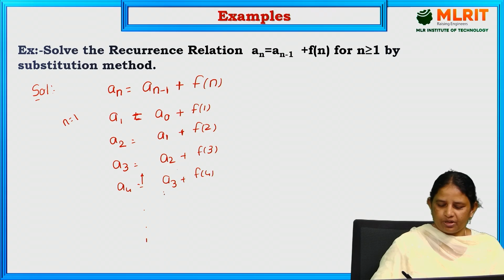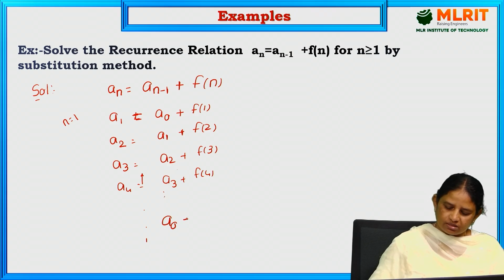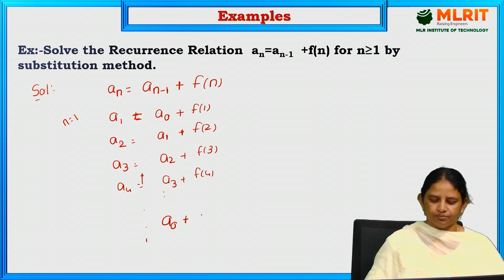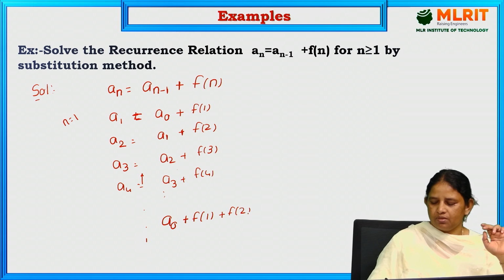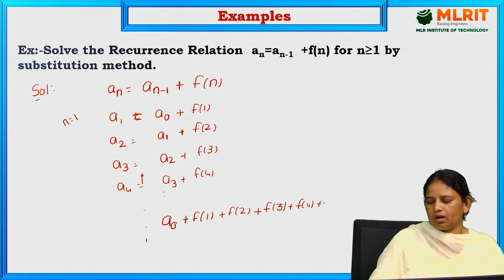This is repeated for n terms. Then we'll get a_0 plus f of 1 plus f of 2 plus f of 3 plus f of 4 and so on up to f of n.